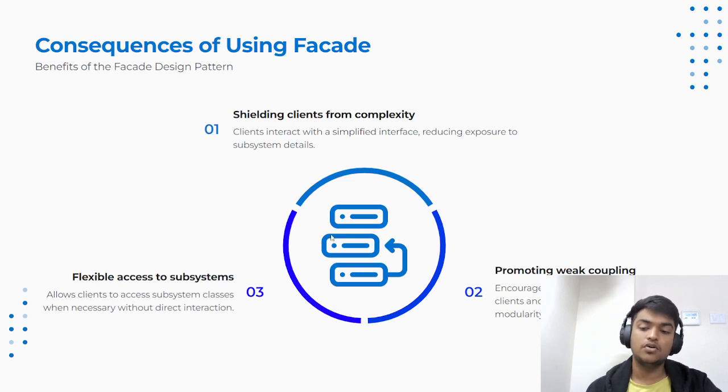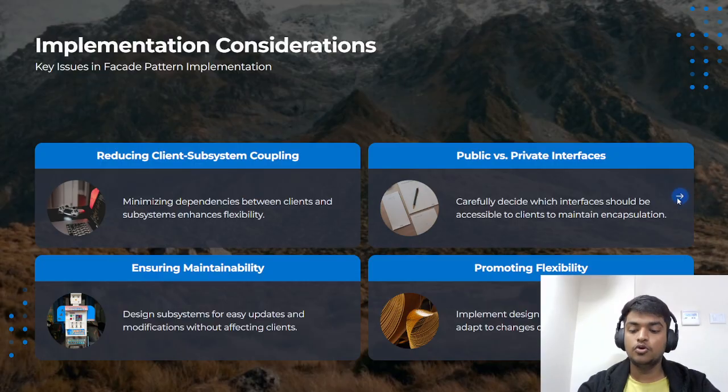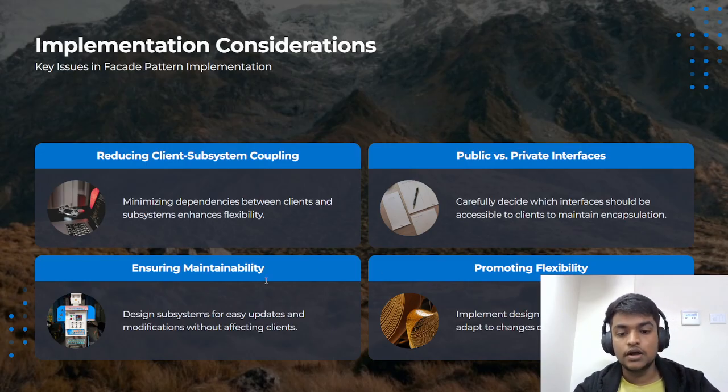Take the example of a financial system, which involves multiple sensitive subsystems such as banking, loan processing, and credit scoring. One of the major challenges is deciding which subsystem functionality should be exposed to the client through the facade. You want to offer enough functionality to make the system useful, but at the same time you need to protect sensitive operations from being accessed directly.